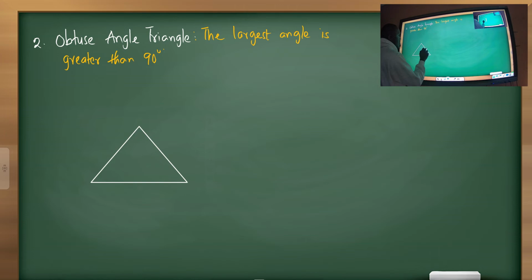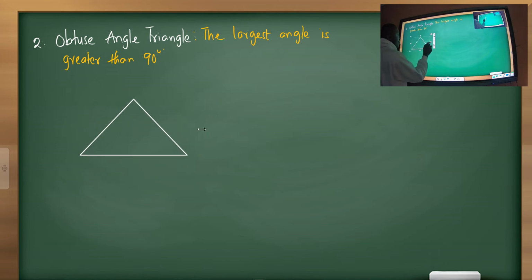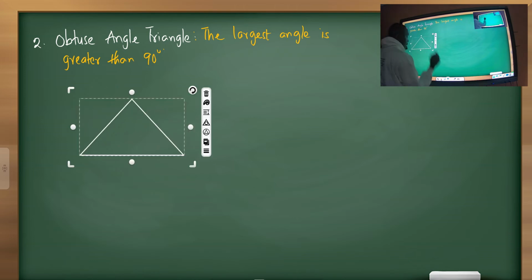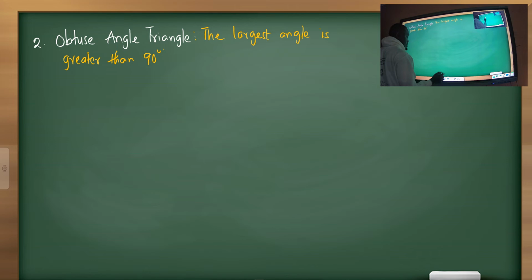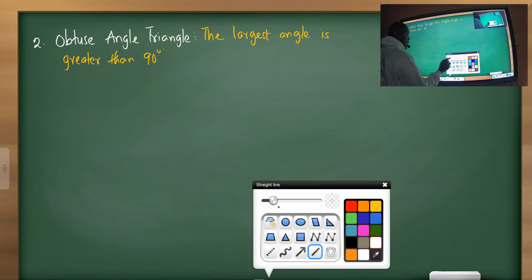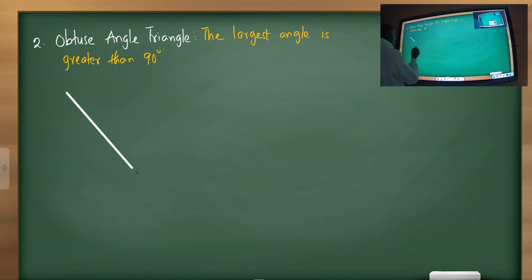I'm going to try to reshape this. I may have to just draw this quickly. The largest angle should be greater than 90 degrees. So I can have something like this.